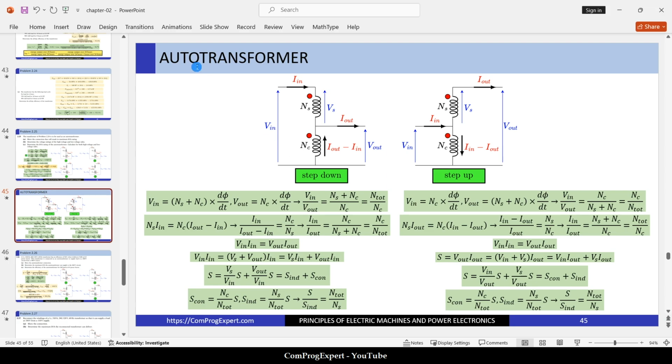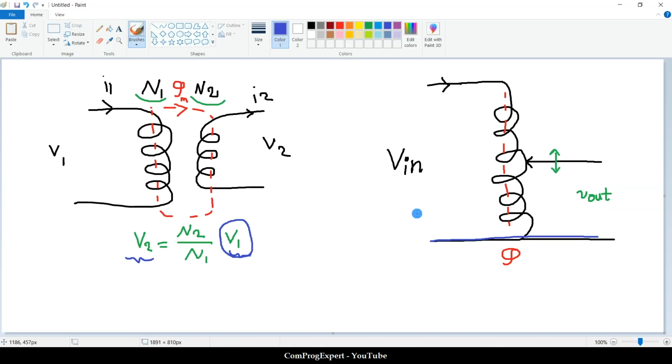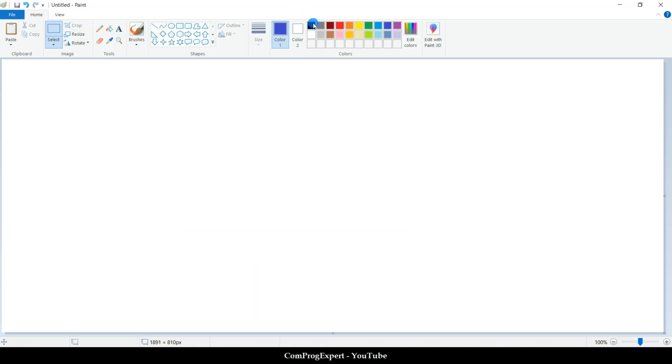An auto transformer can be used to step down the voltage or step up the voltage. Here, in this case, we get a higher voltage than the input, and here we get a lower voltage than the input. So in general, we have this case.